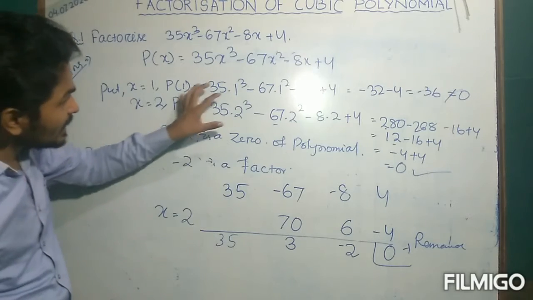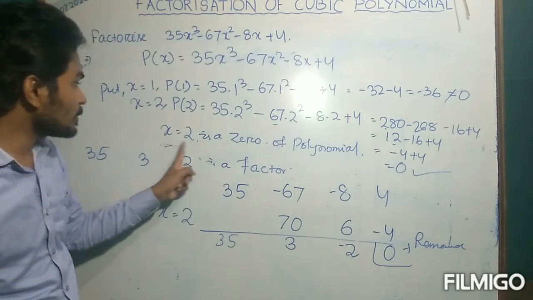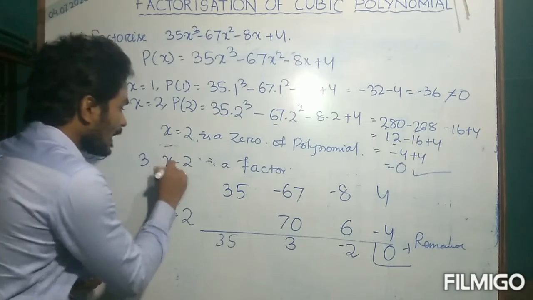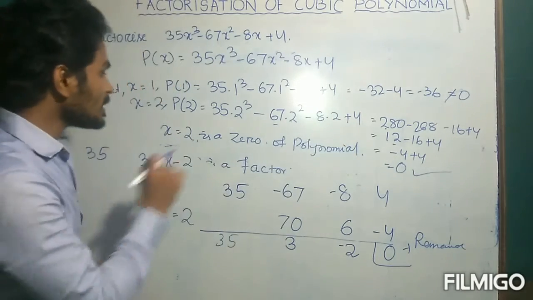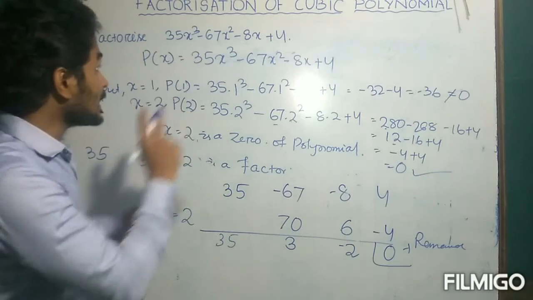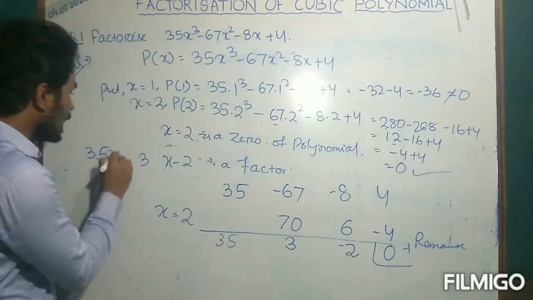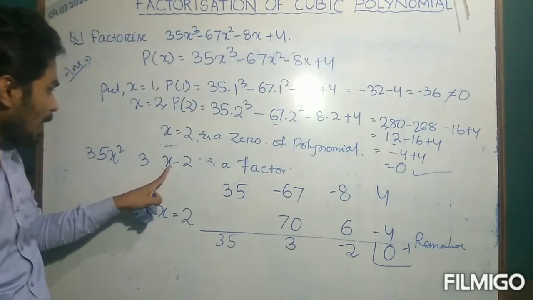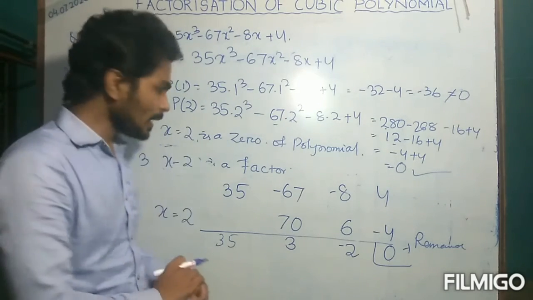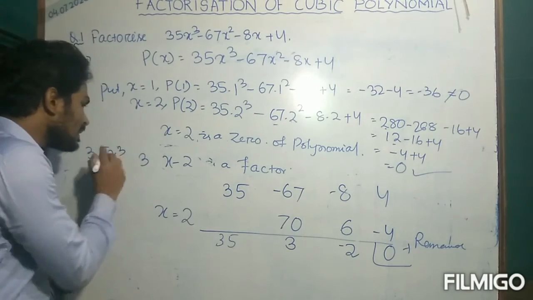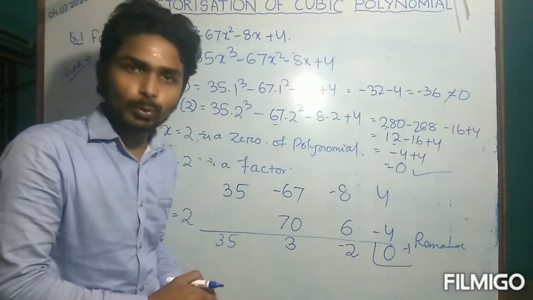Since this cubic polynomial is divided by x minus 2, in the quotient the degree must start with 2, because it is starting with 3. Why is it starting with 2? Because when x is multiplied with x square it gives x cube. If we write 3 here, then x multiplied with x cube gives x to the power 4, which is not true.